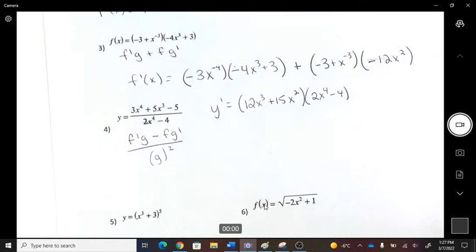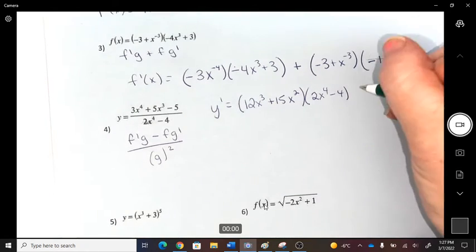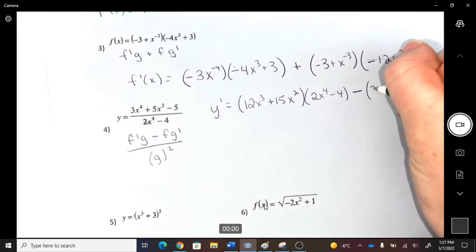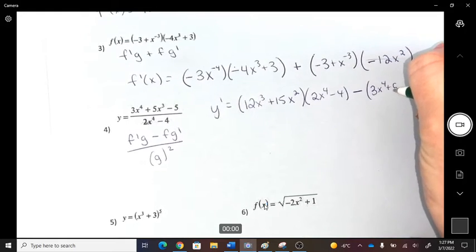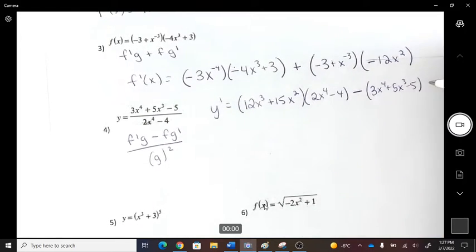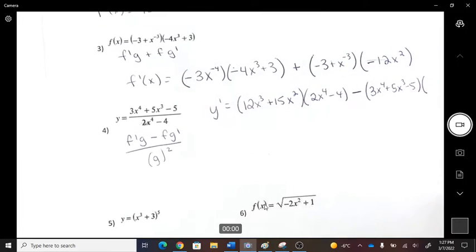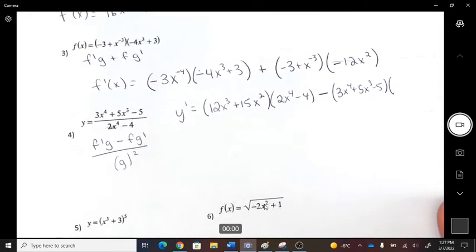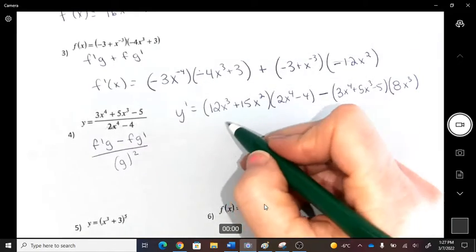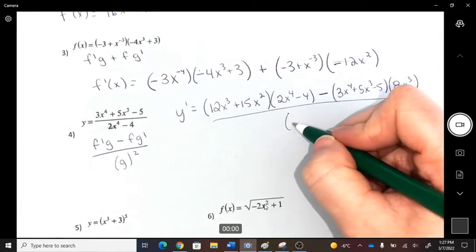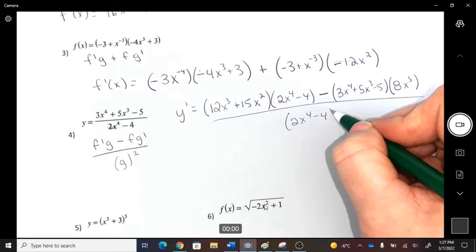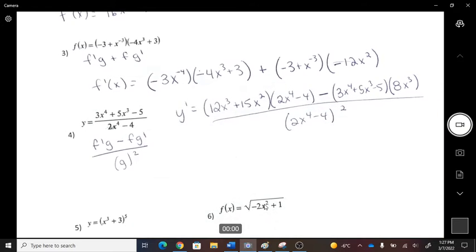Derive top, keep bottom. Good? Minus keep the top, derive the bottom. So 8x cubed, all of it divided by the bottom squared.